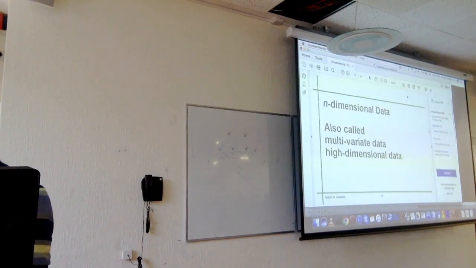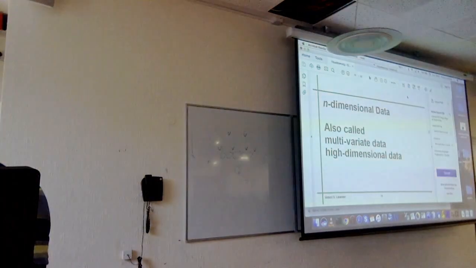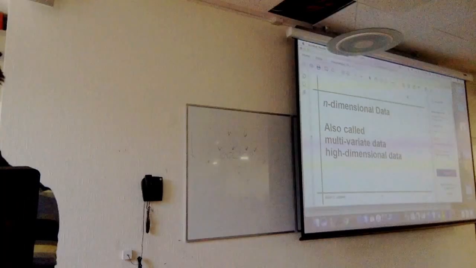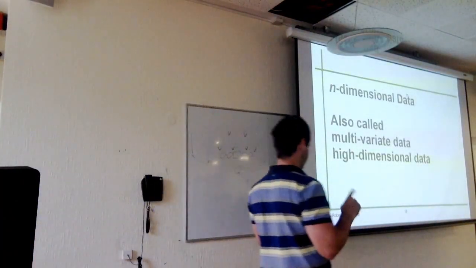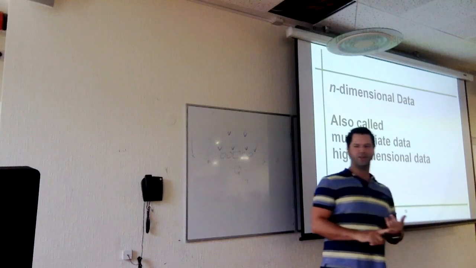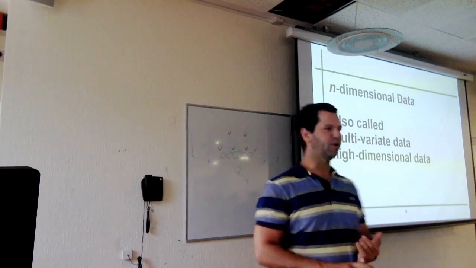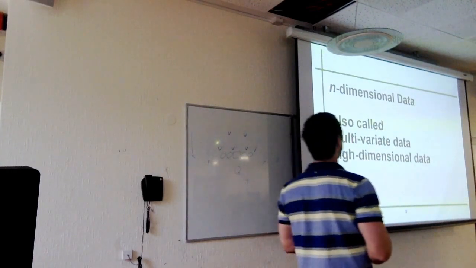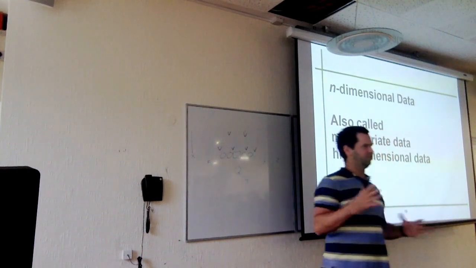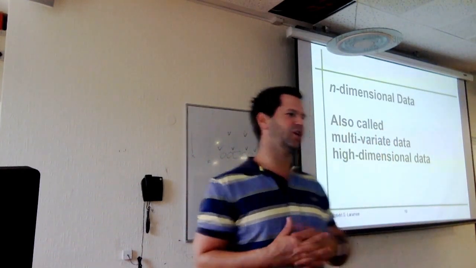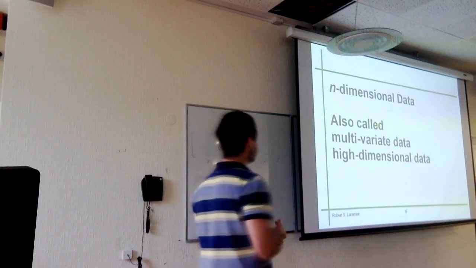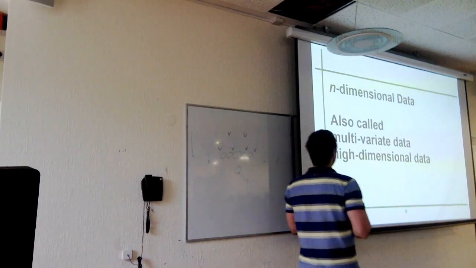And now we're going to talk about n-dimensional data. The terminology is a little bit confusing, because we can refer to n-dimensional data, multivariate data, and high-dimensional data as roughly the same thing. They're often used interchangeably.